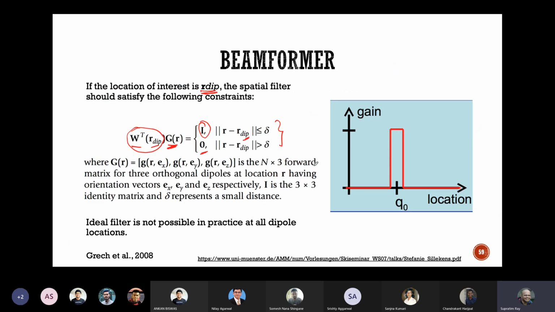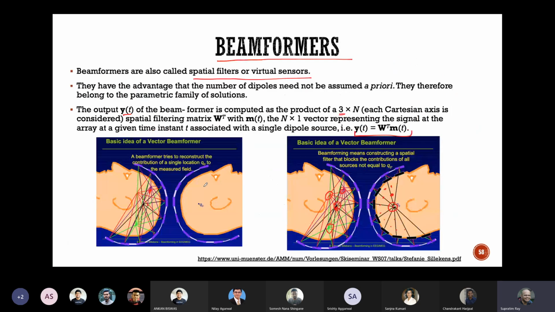So unlike the previous case, I can just ask, tell me the source here or tell me the source here. I don't need to know what is going on at the other location. My beamformer should take care of all of this.